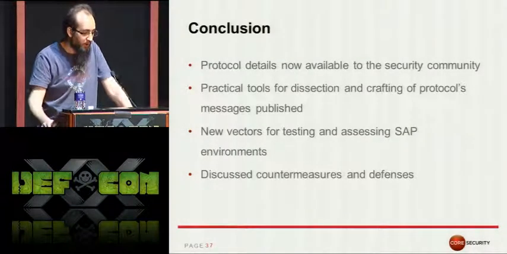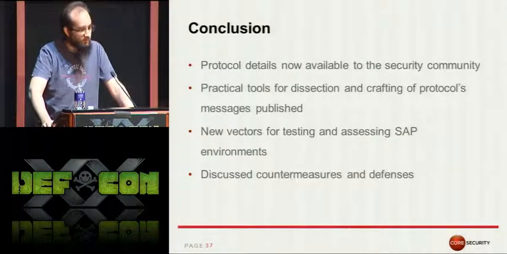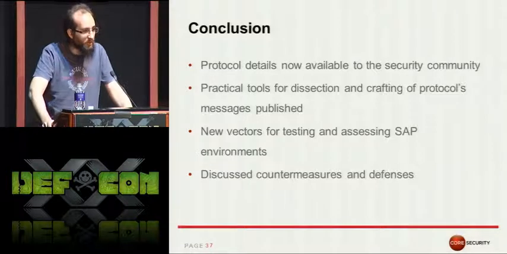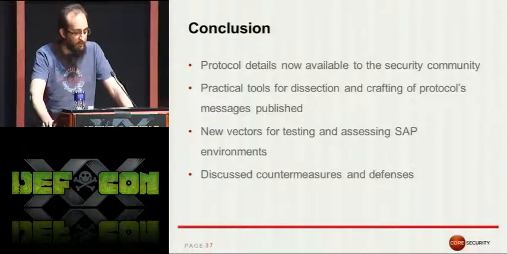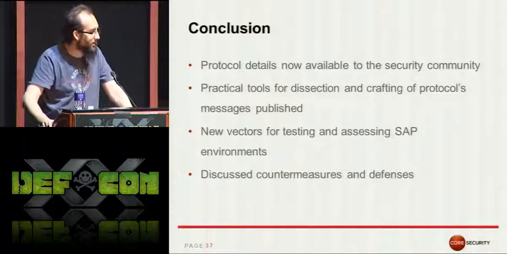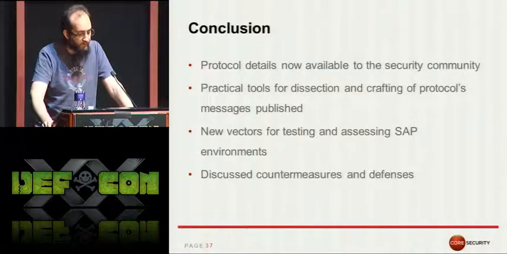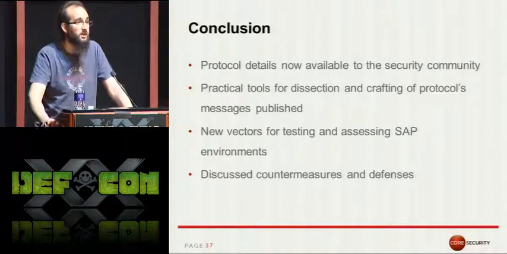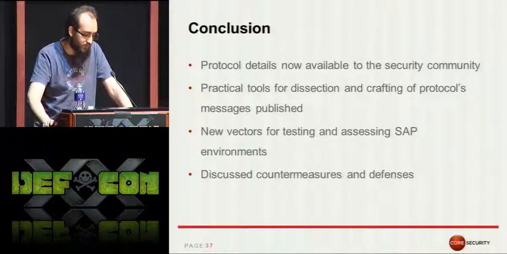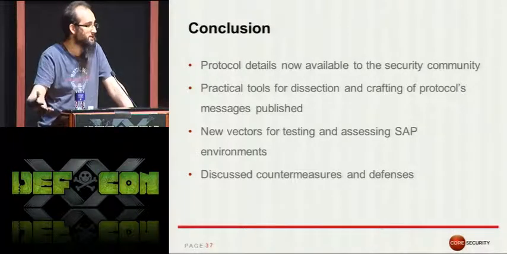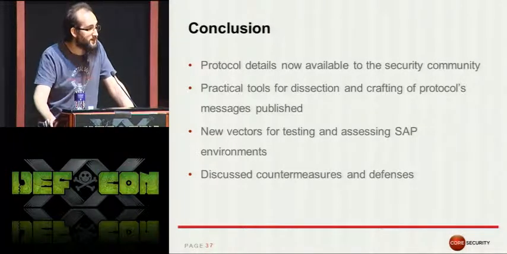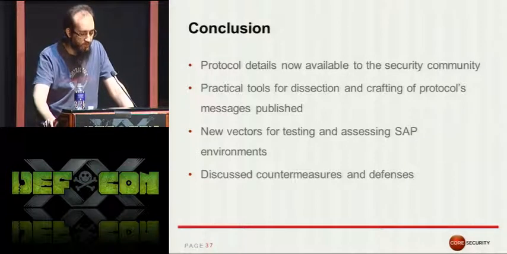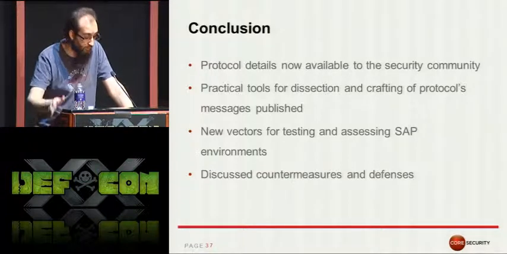Well, we have discussed what the protocol packets look like. The details about the protocol are now available. Practical tools, both for dissecting and for crafting packets, are available. Both tools will be released with the GPL license, so they will be available for anyone.